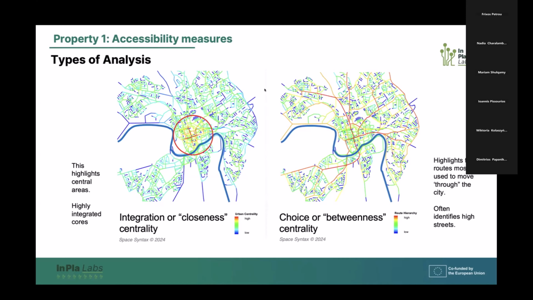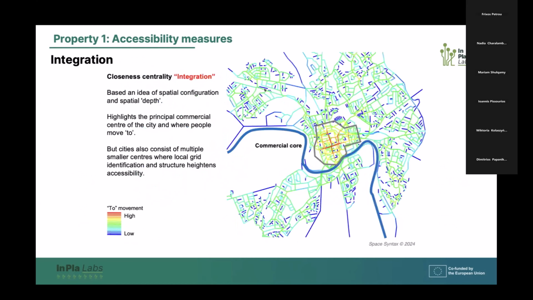In the first picture on the left, you can see the highlighted central areas highlighting the highly integrated cores. This is the integration, while the picture on the right is for choice or centrality, highlighting the red streets, which are the routes that are most used to move through the city, often identifying high streets.